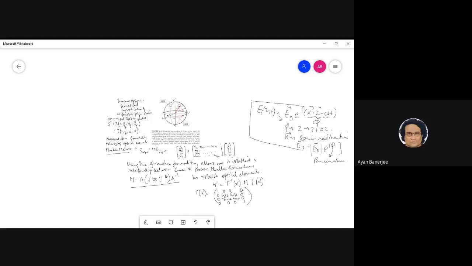If I write this as the Jones vector itself, typically it's Ex, Ey or something. I am saying simply one number, but in principle this is a Jones vector. When you rotate the quarter wave plate, you are basically changing the Jones vector, meaning you will just get a phase term outside. Exactly this, nothing but this, what I wrote here.